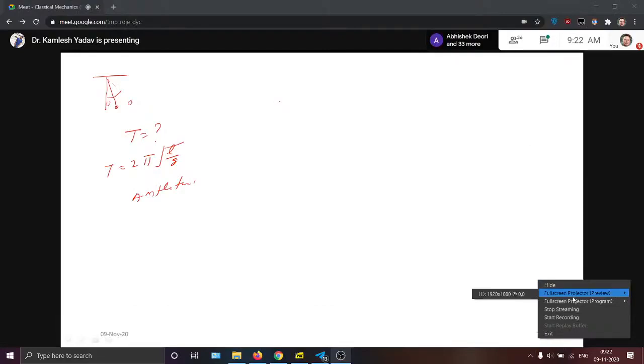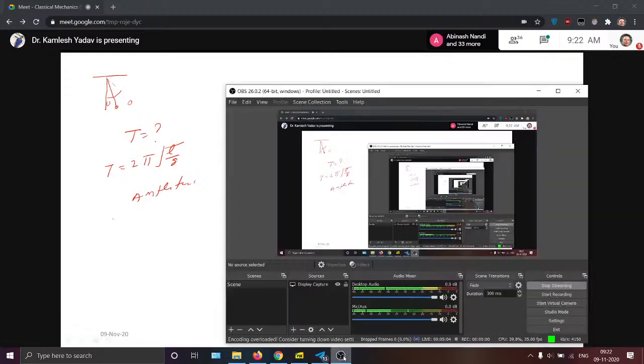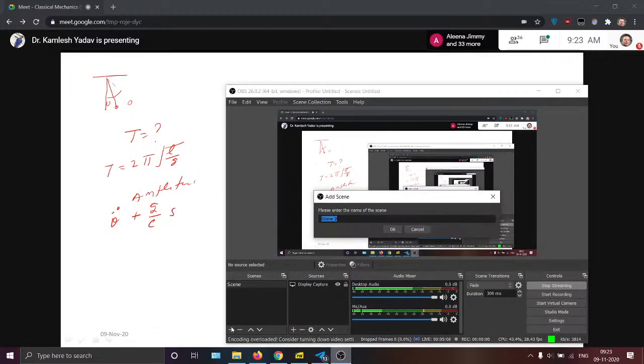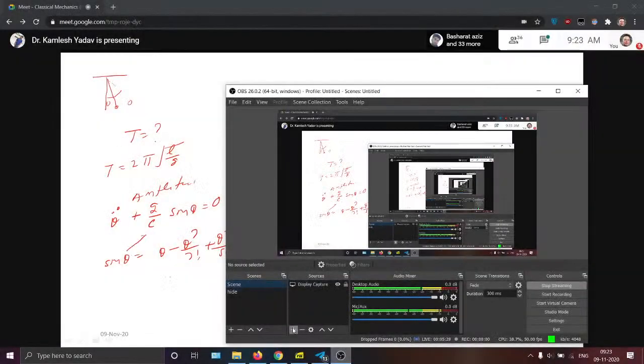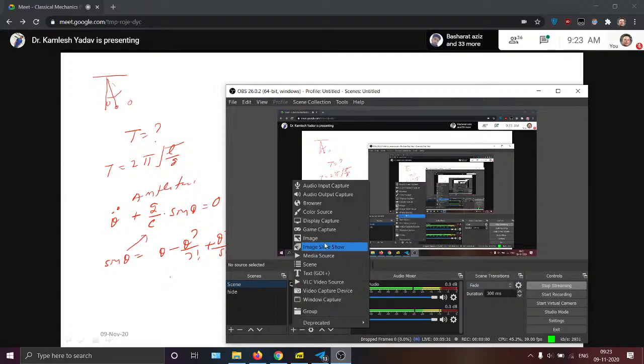If, for example, we consider the equation theta double dot plus g by L sine theta is equal to 0, where sine theta is equal to theta minus theta cube upon 3 factorial plus theta to the 5 upon 5 factorial, this is a non-linear differential equation.